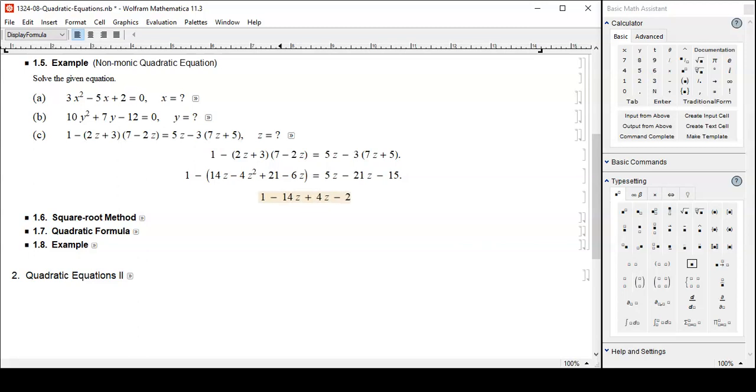We need a sign change everywhere because I'm distributing this negative. And on the right-hand side, 5 minus 21, so negative 16z. Is this right?